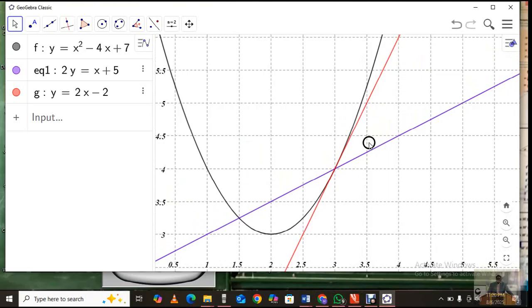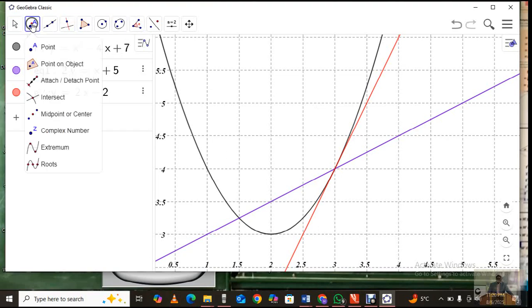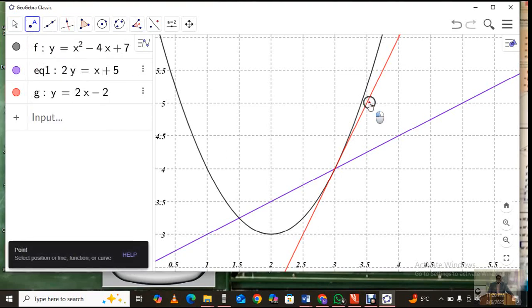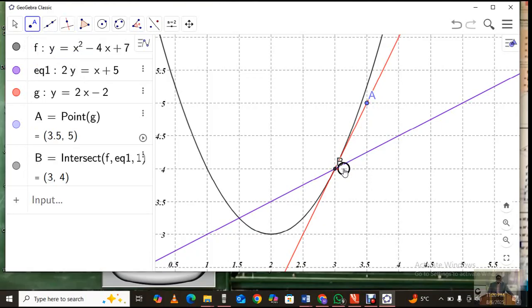In order to calculate this angle, I'm going to bring in 3 points, and then you will see how I find that angle using the software. I'm going to take this point here and that point there. I need those points for you to see what that angle will be equal to.